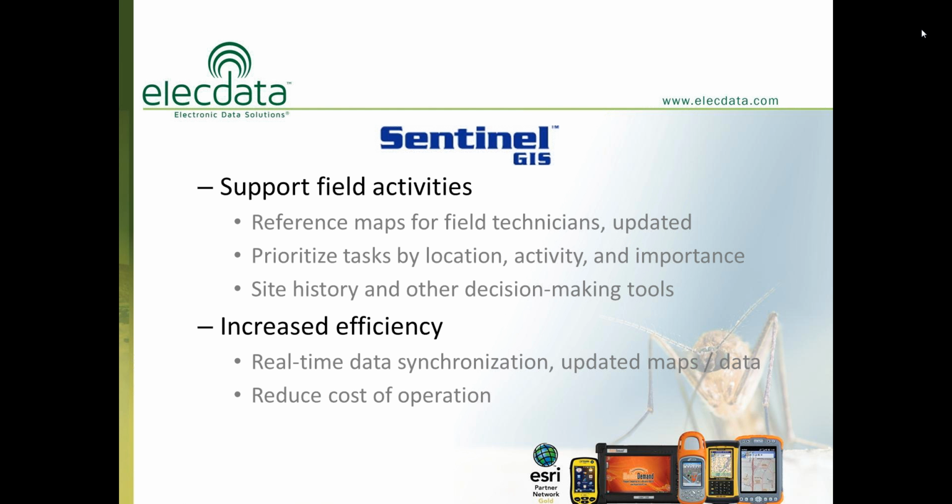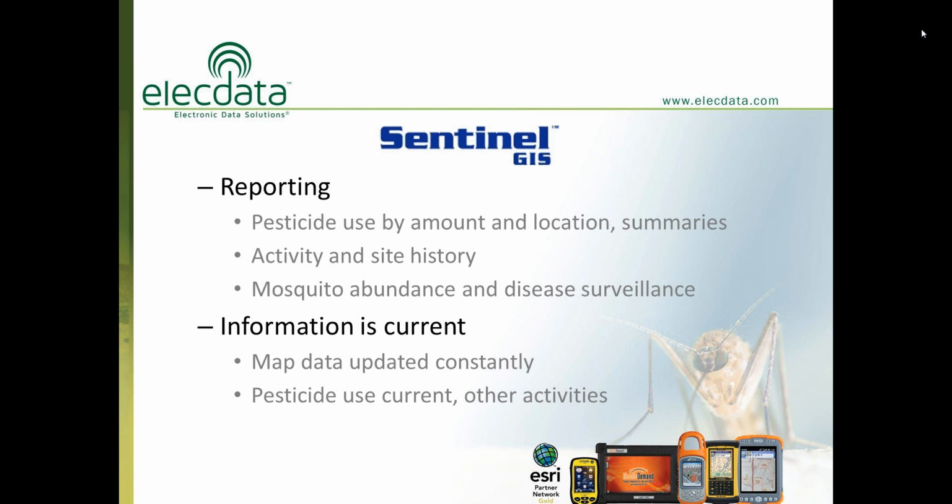The goal of Sentinel GIS is to really increase efficiency. The data synchronization process, the automatic updating of maps and data, is a very effective time-saving component of Sentinel GIS. Ideally, this level of synchronization and automation will reduce the cost of operation for any organization.